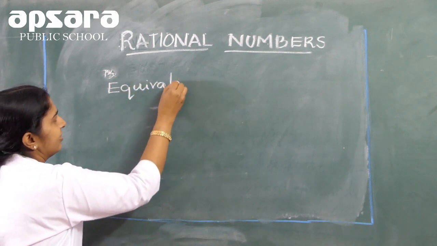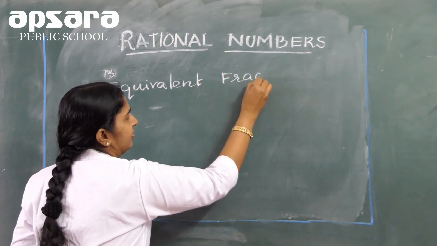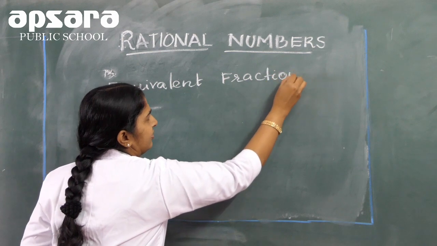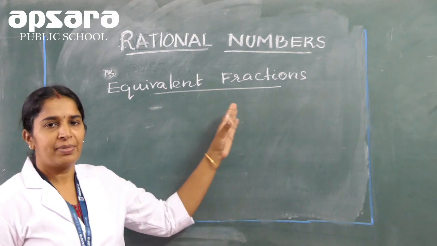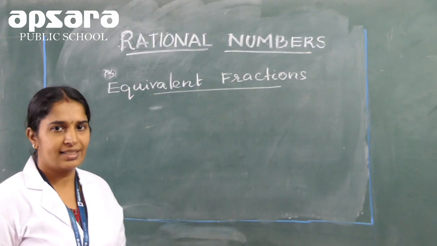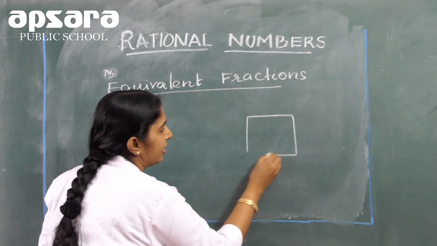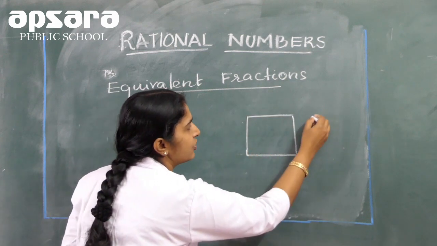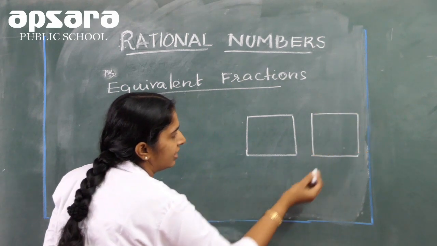Equivalent fractions. To explain this, let me start with an example. Here you can see a square, the same square, same area and sides of equal length.